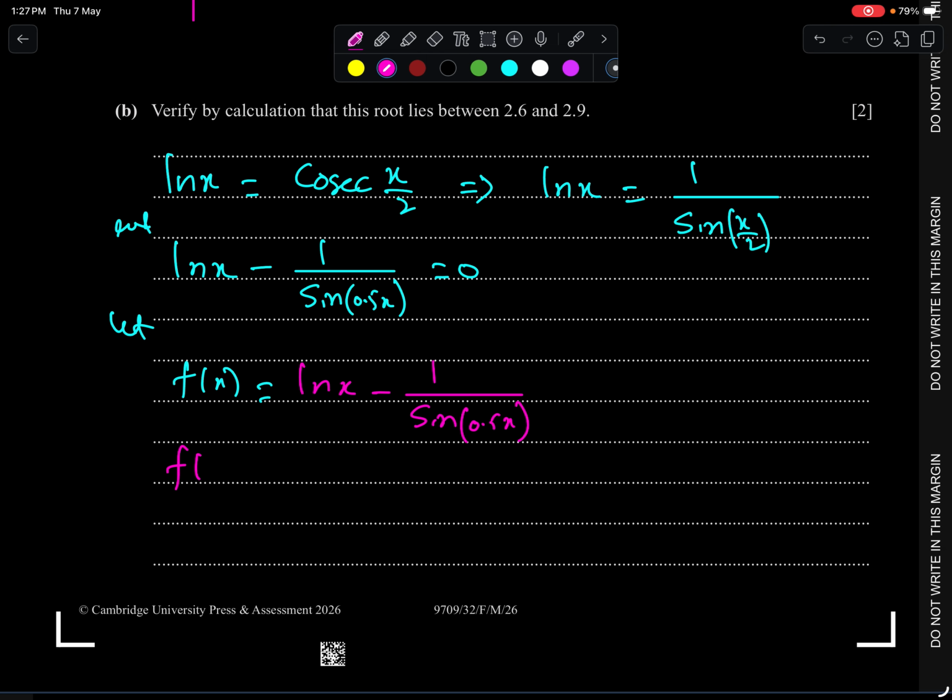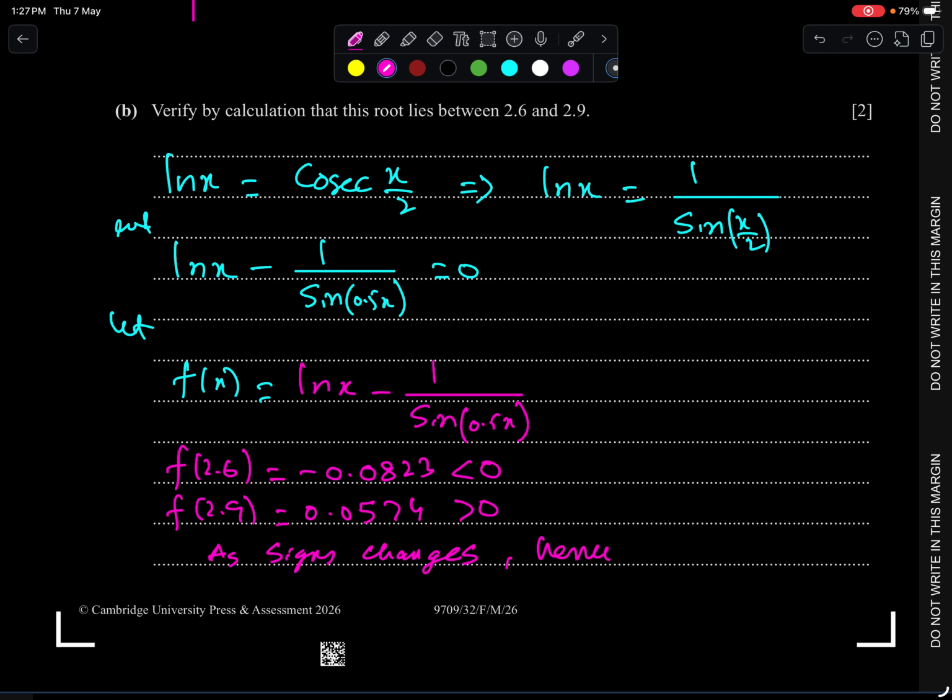Make sure your calculator is in radian mode. 2.6 will give you negative 0.0823, and then 2.9. The result of 2.9 is 0.0574, greater than 0. As the sign changes from negative to positive, hence shown.